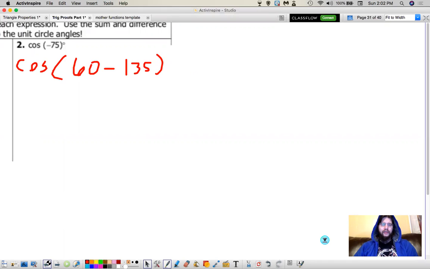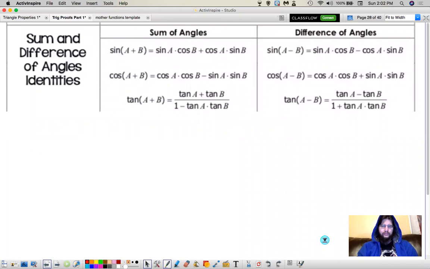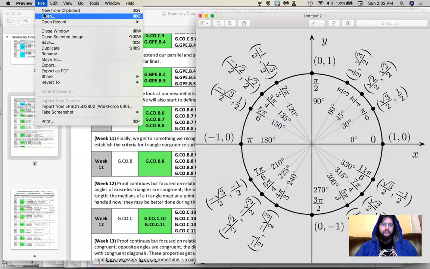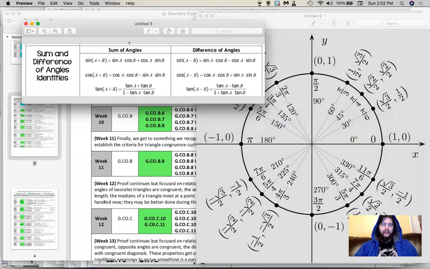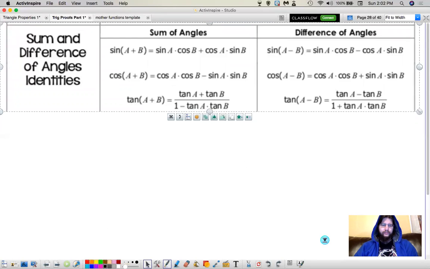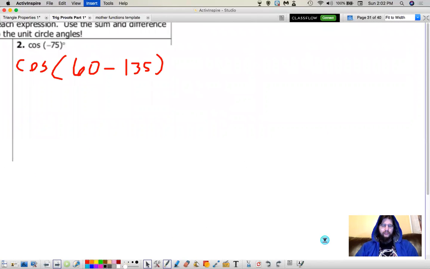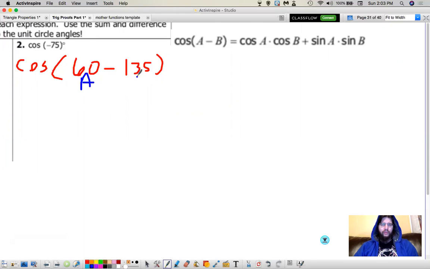So then we're gonna go grab our identity. We're doing a difference with cosines. This is what we need right here. So let's plop that down on here and see what we got. So A, in our case, is going to be the 60 degrees, and B is going to be 135.